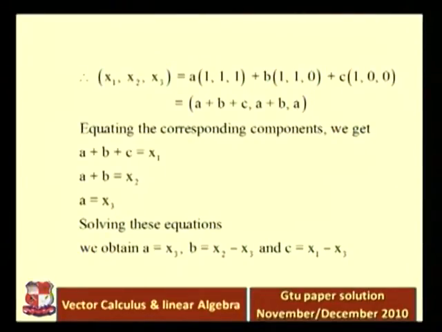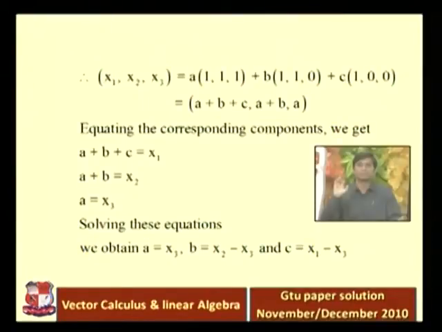Put the value of a in the second equation, you will get b is equal to x2 minus x3, and put the values of a and b in the first equation, you will get c is equal to x1 minus x2. Just simple simplification.